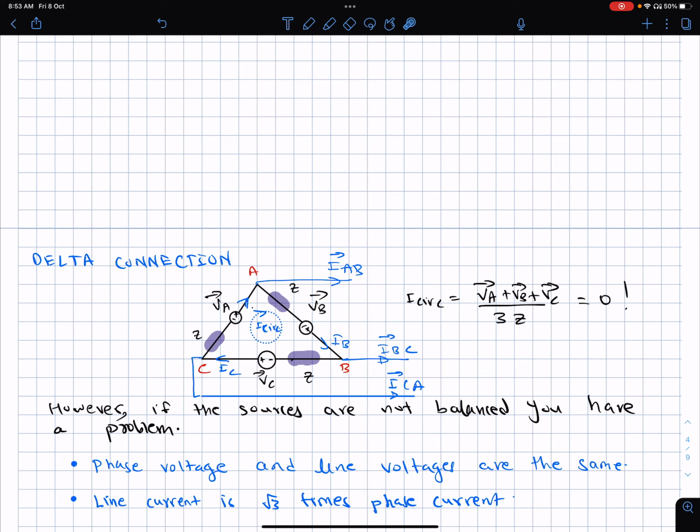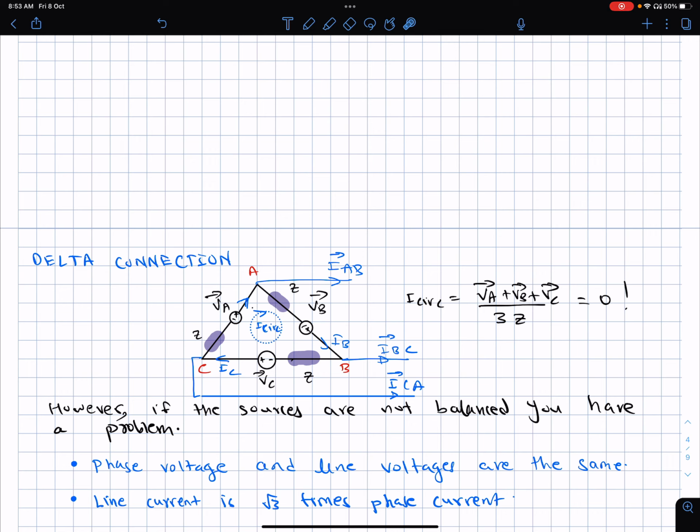The advantage of doing star connection is that you get a boost in the voltage of root 3 times. On the other hand, with the delta connection, the line voltage, which is the voltage across this, is the same as the phase voltage. The line and the phase voltage are the same.